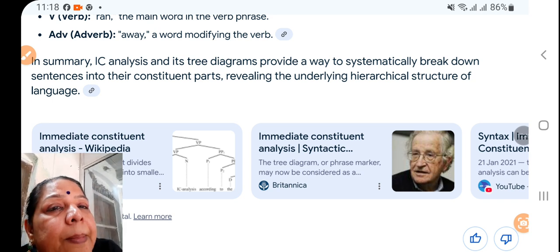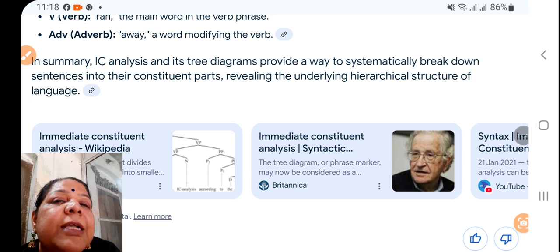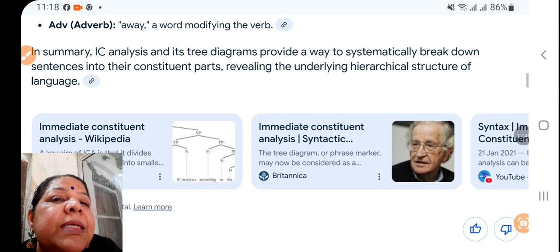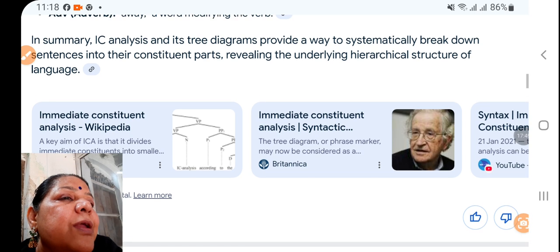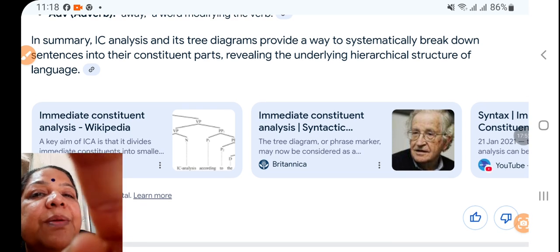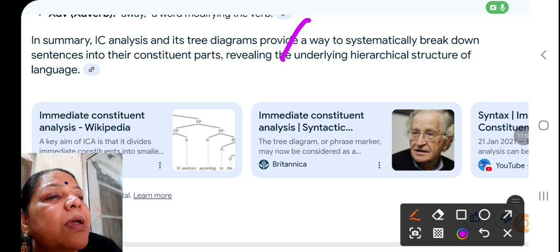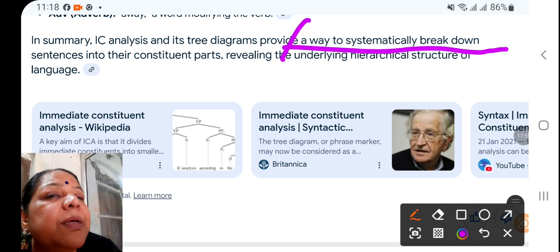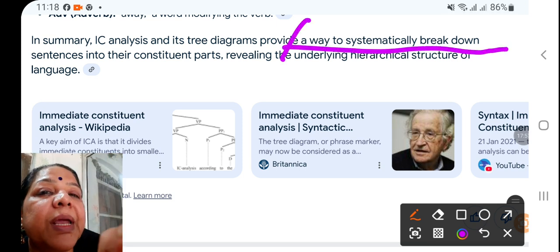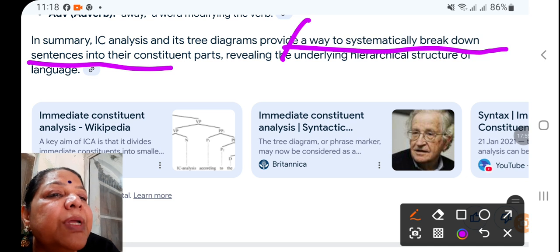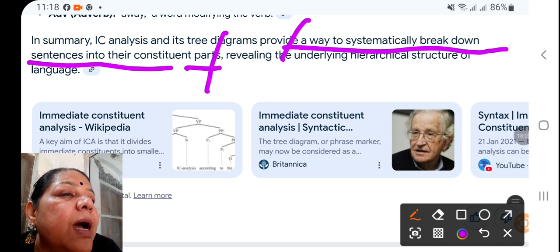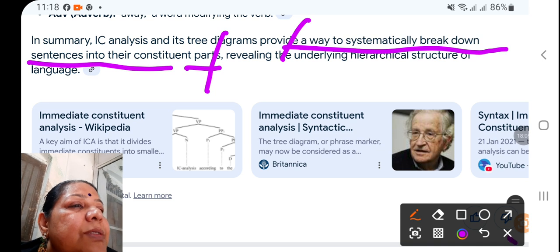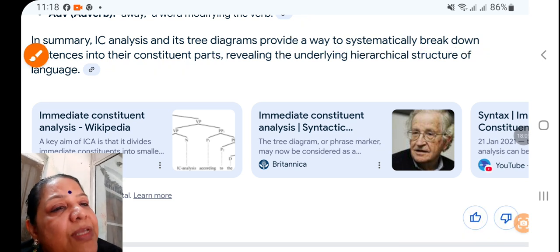Please take care. So here finally we can say that IC analysis and its tree diagram provide a way to systematically break down sentences into their constituent parts, revealing the underlying hierarchical structure of language.